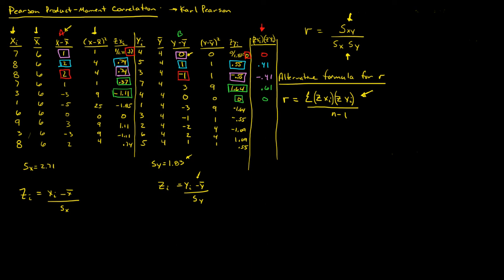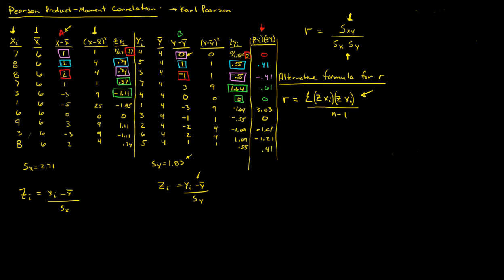Now I'll do the rest of these. Negative 1.85 multiplied by negative 1.64 is 3.03. Then we get a 0 here. Then negative 1.21, and another negative 1.21, and then a positive 0.41.